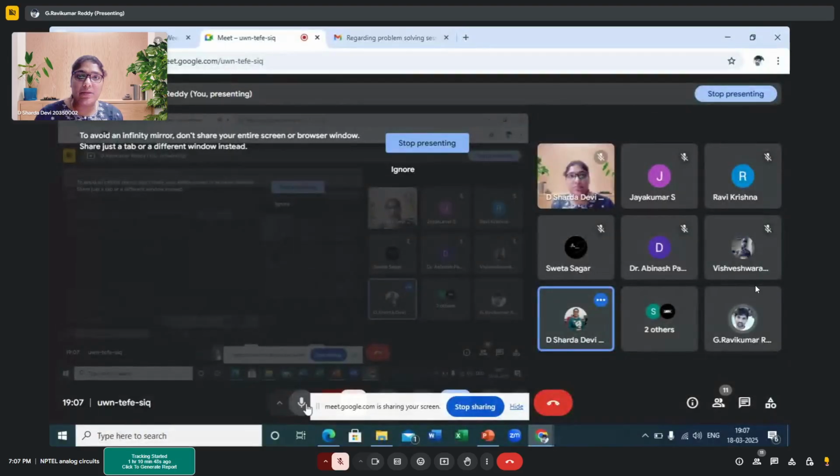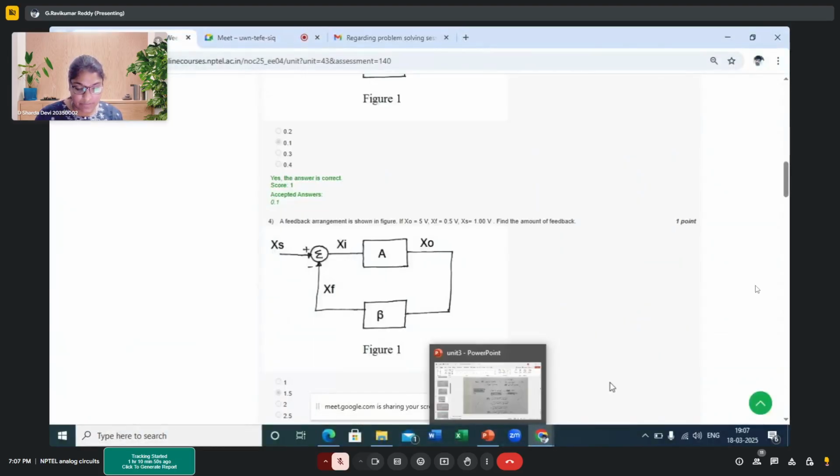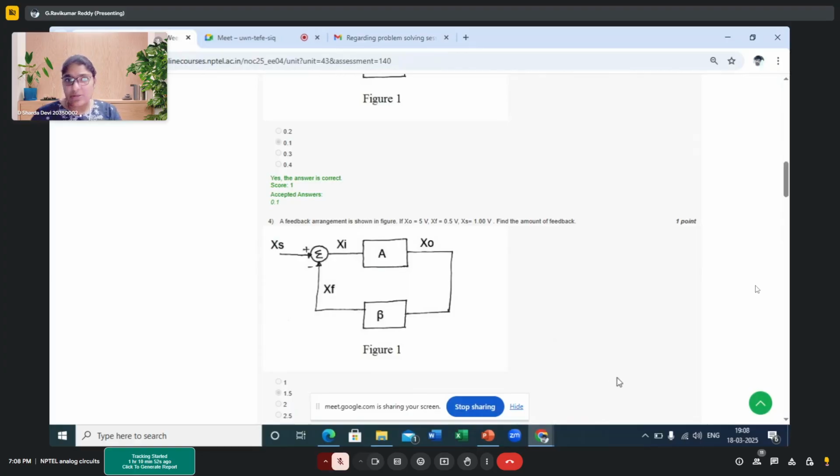Is my screen visible, madam? Yes, your screen is visible. This is question number 4, madam. A feedback arrangement is shown in the figure such that x naught is 5 volts, xf is 0.5 volts, and xs is 1 volt.